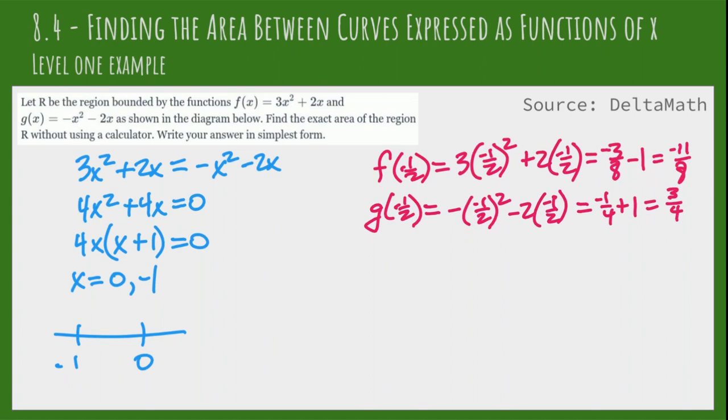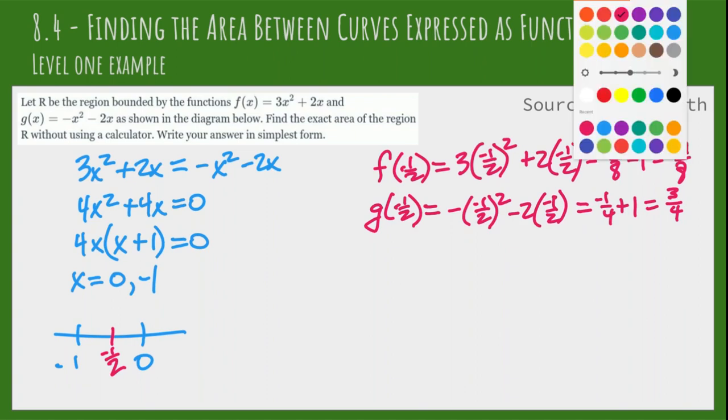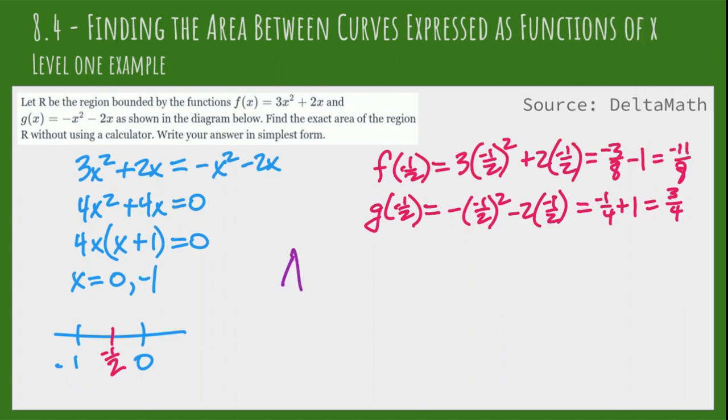So that tells us that at negative 1/2 along the interval, g is going to be above f. That's useful because we always want to do top minus bottom to find area. So now we can set up our integral to find the area.